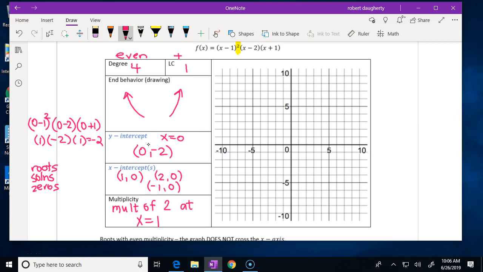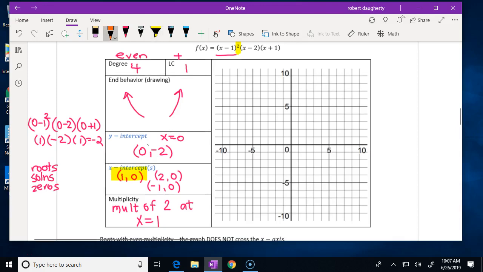It tells me that this root right here occurs twice. Now graphically what that means is, if the multiplicity is even, I do not cross the axis. So anytime you see that x minus 1 squared, it tells me that at this point right here, I will not cross the axis.